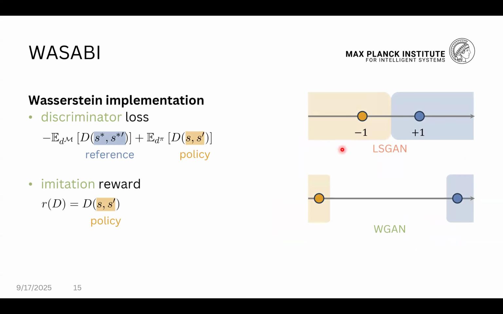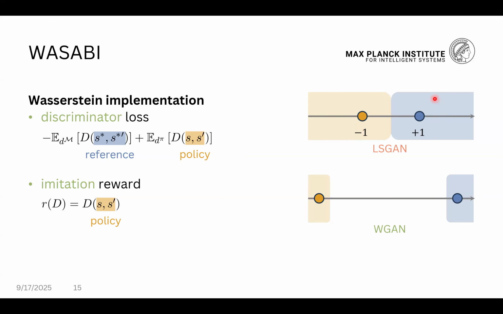Traditionally people use LSGAN, or least squares GAN, in this GAN formulation of motion imitation, where the discriminator is simply a classifier. It tries to classify the transitions from the policy to -1 and the transitions from the reference to +1. And that's it. It's a binary classification, right?